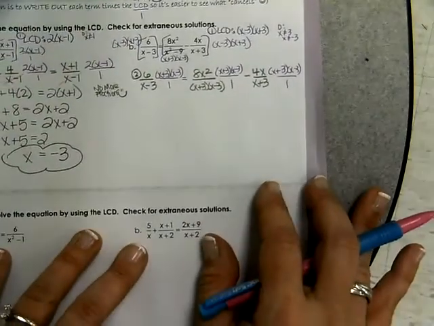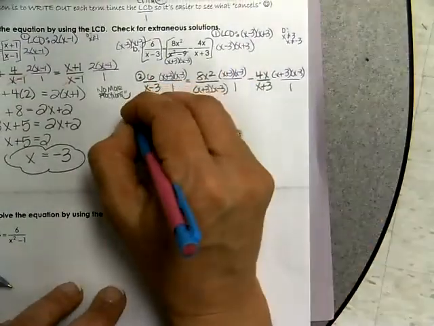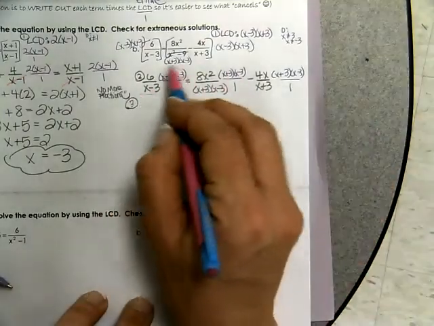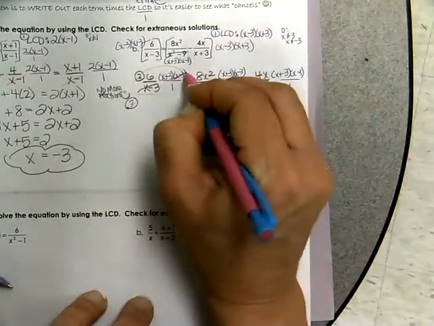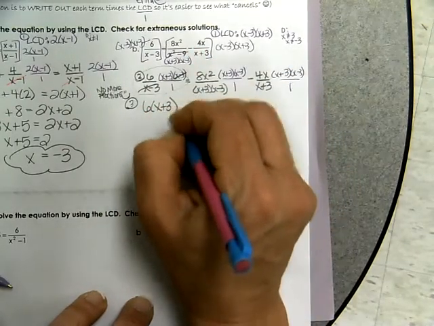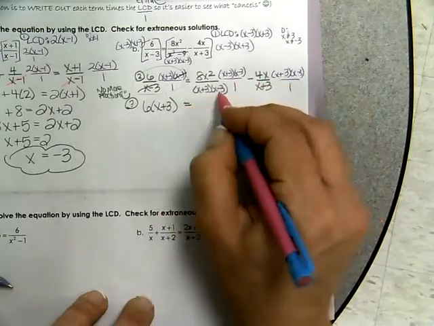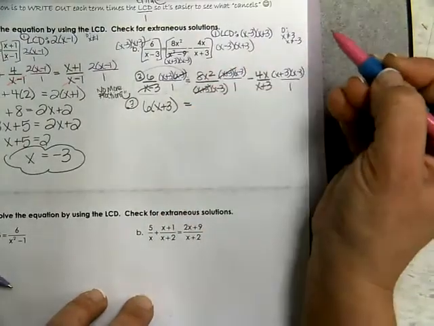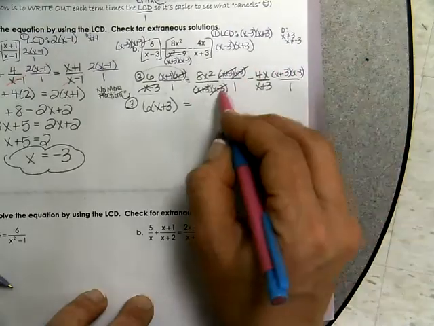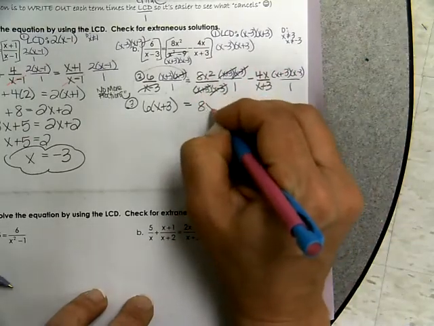And then we can see in step 3, we cancel and write what's left. Well, here, the x minus 3's cancel, and so I just have 6 times x plus 3. Here, x plus 3 cancels, and x minus 3 cancels, so I just have 8x squared.